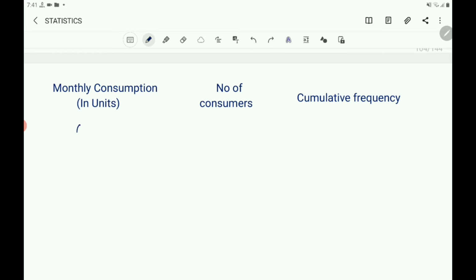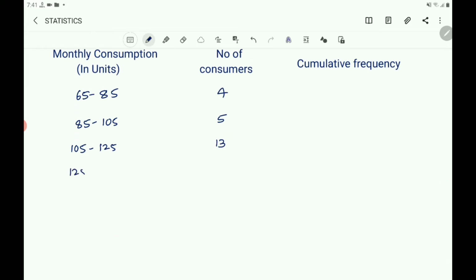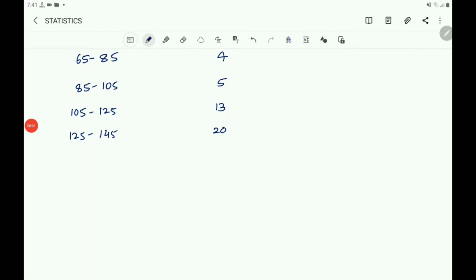So you write the data here. 65 to 85 by 4 consumers, 85 to 105 by 5 consumers, 105 to 125 by 13 consumers, 125 to 145 by 20 consumers, 145 to 165 by 14 consumers, 165 to 185 by 8 consumers, and 185 to 205 by 4 consumers.